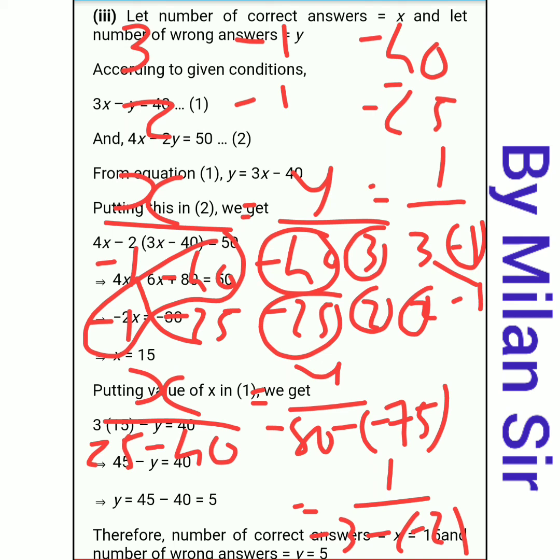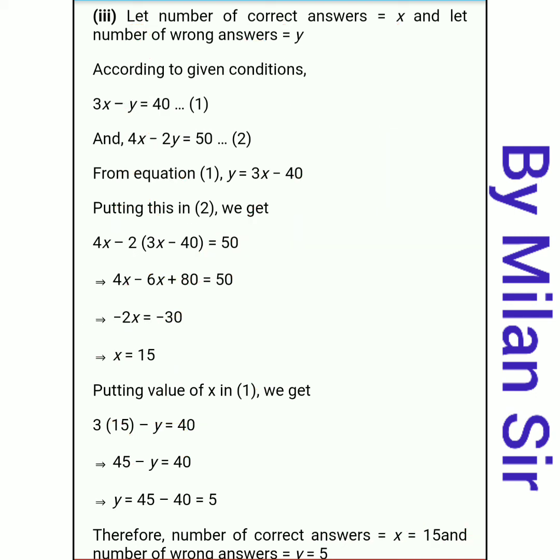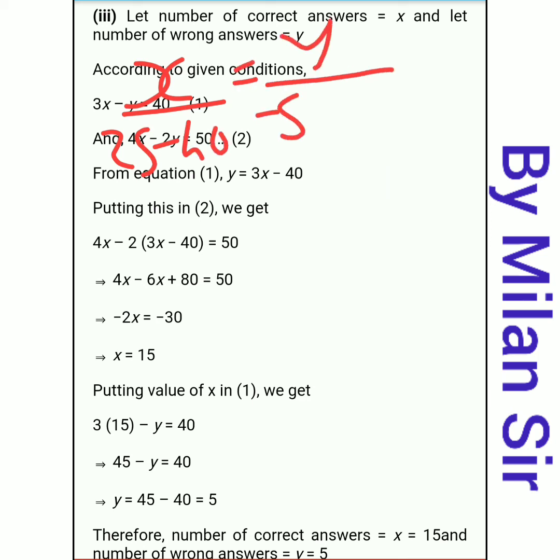So here x upon 25 minus 40. Now y upon minus 80. Now this minus minus becomes plus, so minus 80 plus 75. It is equals to 1 upon minus 3, and again minus minus plus 2. So here x upon 25 minus 40, y upon minus 80 plus 75, and at last 1 upon minus 3 plus 2.